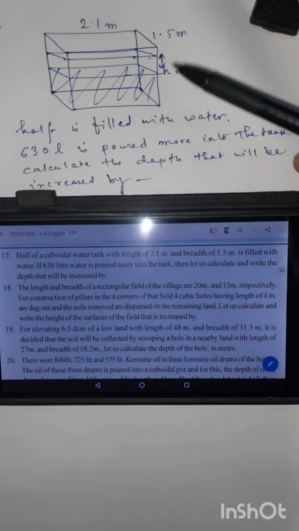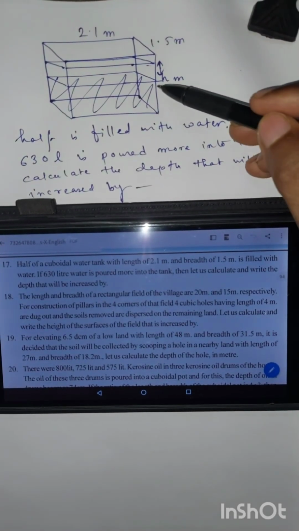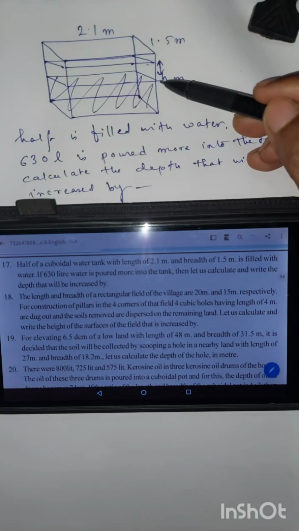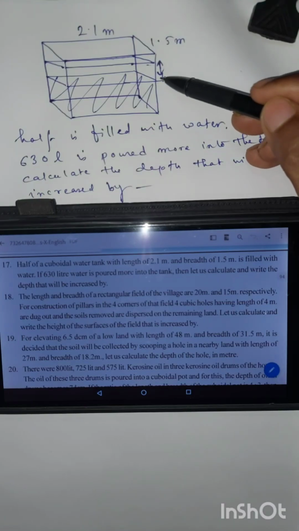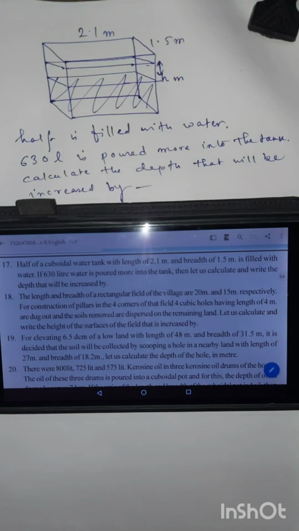So this is our tank. It was half filled, it was filled up to this point. Now when extra water is added, the water level goes up and it reaches this point. So we need to find out this length, the rise in water level, this is what we need. Now let us calculate.